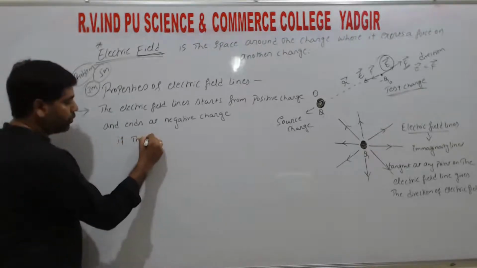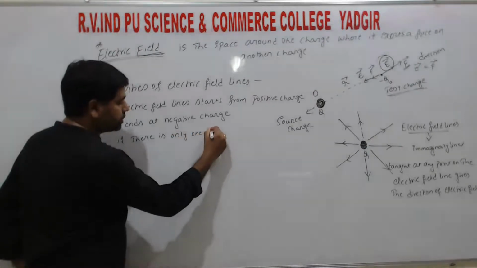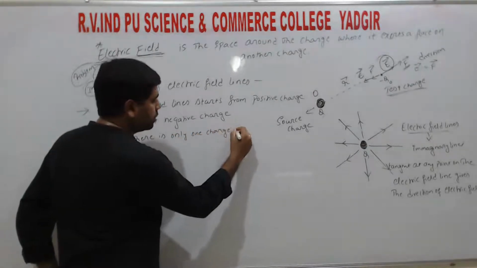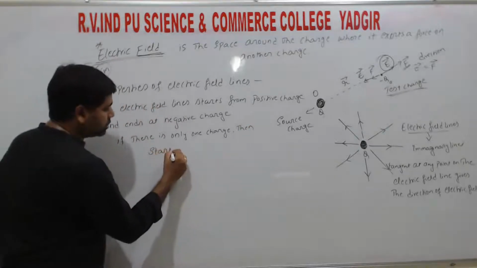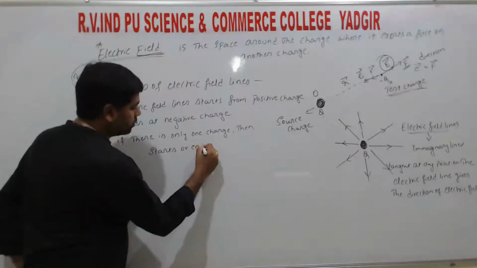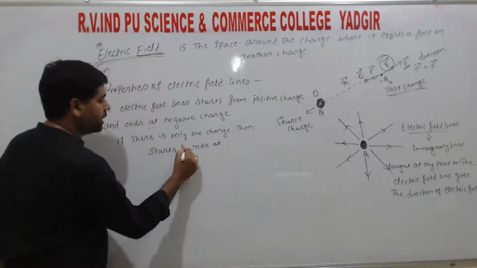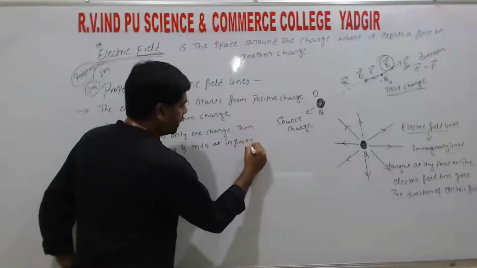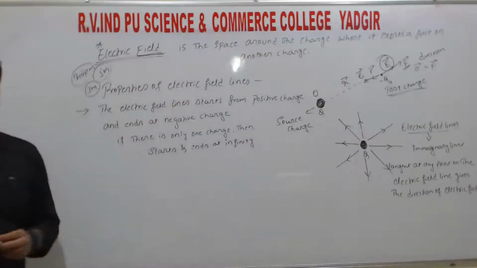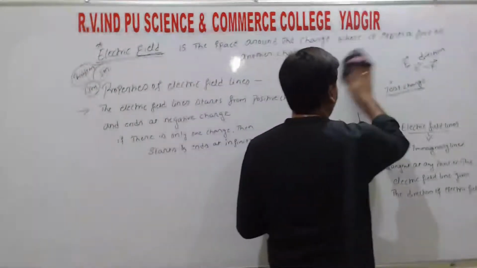If there is only one charge, then they start and end at infinity, right? So this is the first one and the important one.